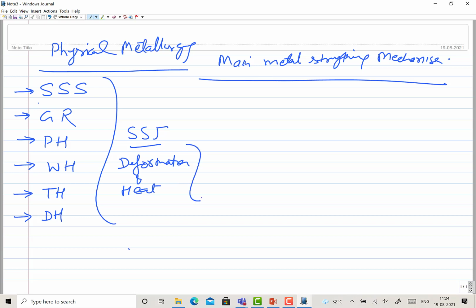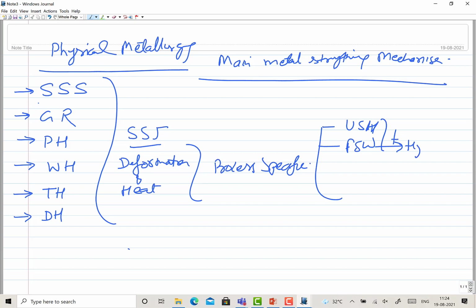Since both these factors are process specific, in a few processes they are high, say in ultrasonic or FSW. In FSW you have high heat generation, and the deformation is also significantly high. In ultrasonic, the deformation is very limited, and heat generation is also expected to be low.